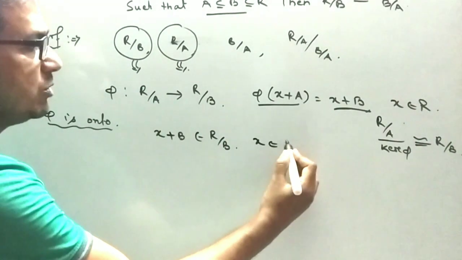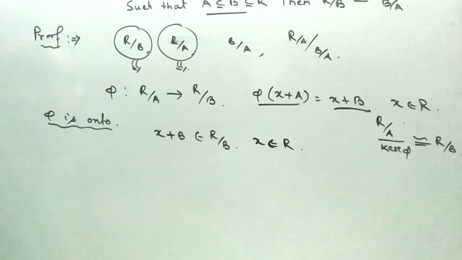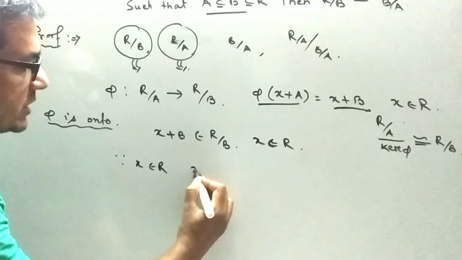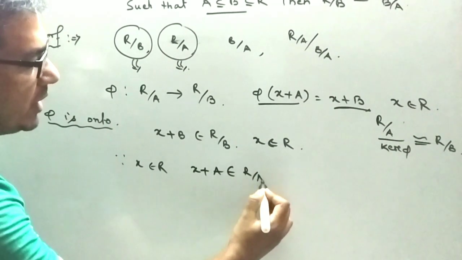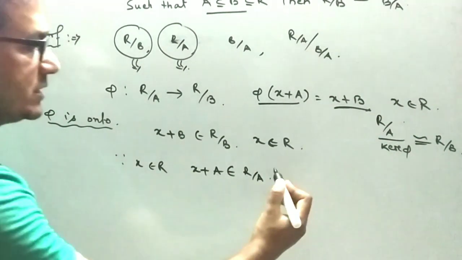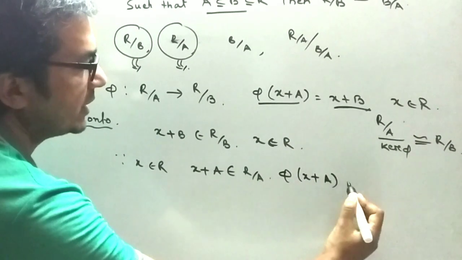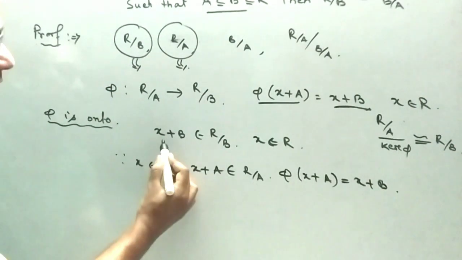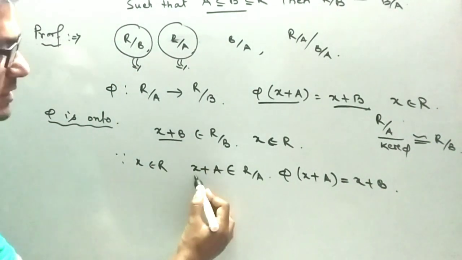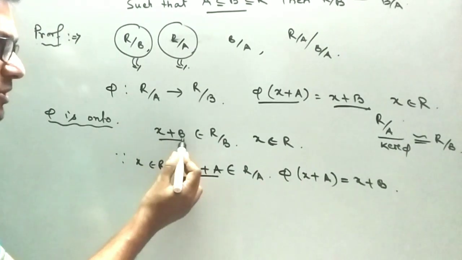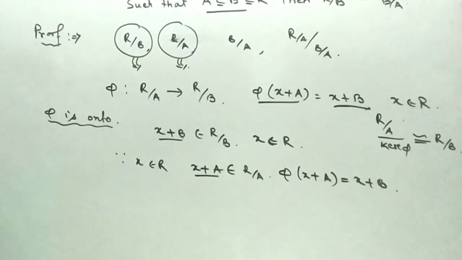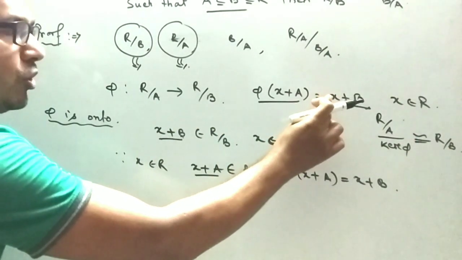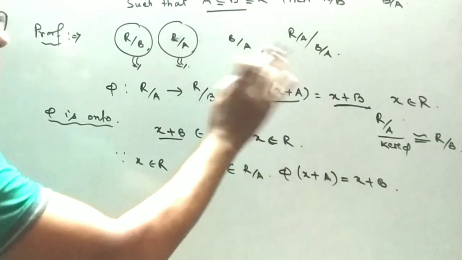Then obviously x belongs to R, and since x belongs to R, we must have x plus A belongs to R/A, such that phi of x plus A equals x plus B. So for every x plus B, there exists x plus A in R/A.